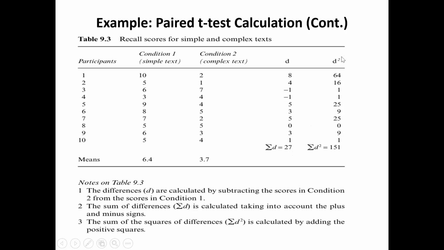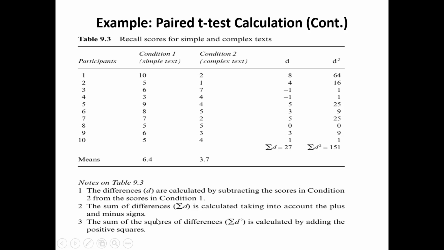Then the next column on the table is to square the difference. 8 squared gives you 64, 4 squared 16, minus 1 squared gives us 1, minus 1 squared also gives us 1, 5 squared gives 25, and so on and so forth. And when you sum the squares of the differences, you get 151.